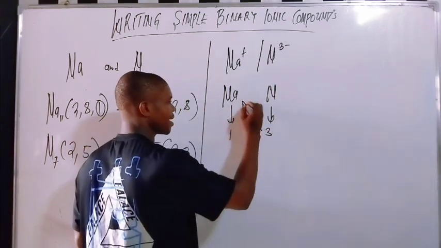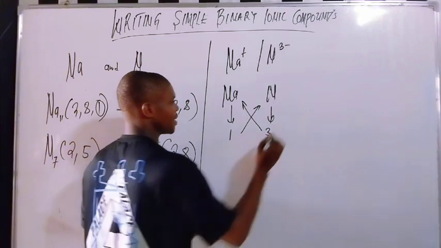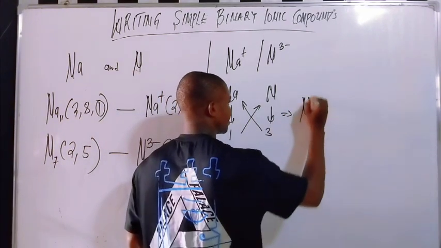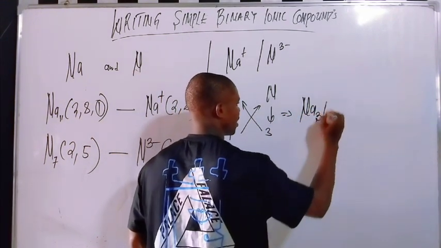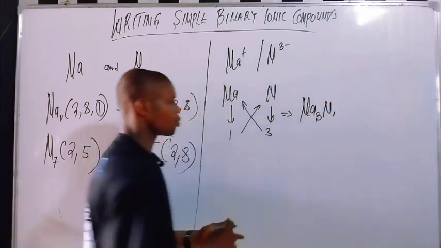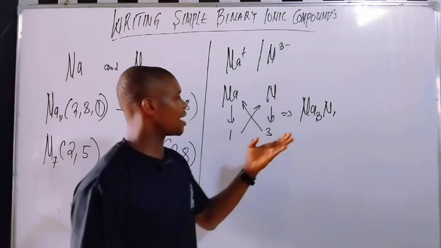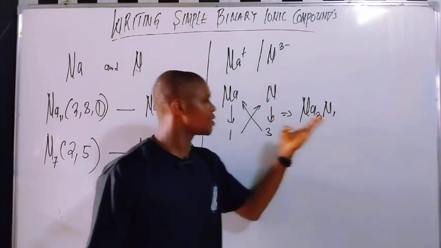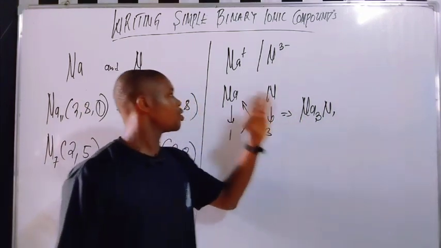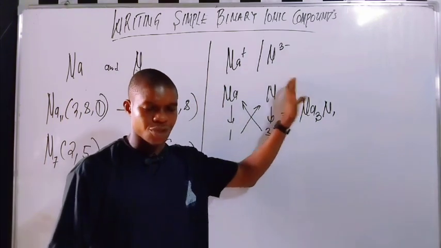So this guy will move here and this guy will move here. Do you understand? So this is what you are going to get: Na3N1. But they don't put the 1 here, so you just leave it like that. So this is called the ionic compound, or ionic formula, between sodium and nitrogen. Do you understand?